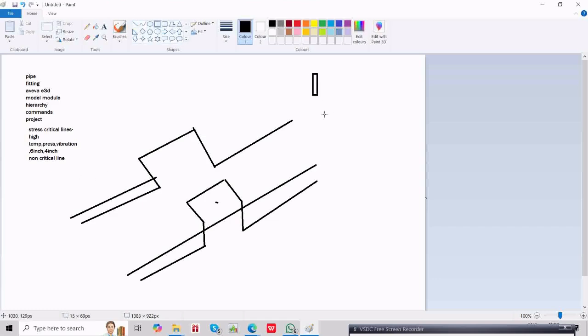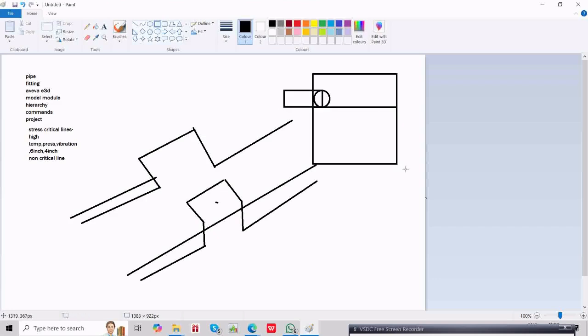Suppose this is your pipe rack, you keep the 2D loop line at the corner, at the last position, so that if your line is coming outside there will be no problem. Then you give a support here on a cantilever or some arrangement.